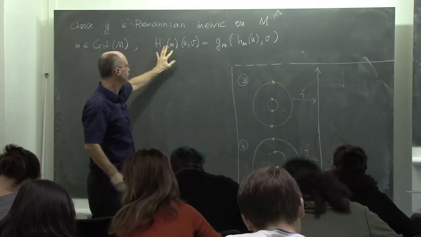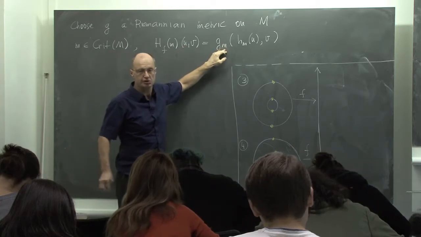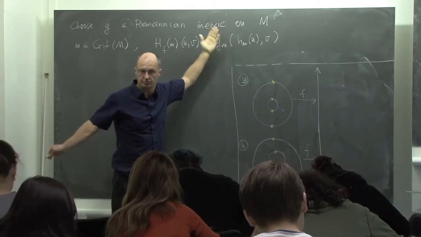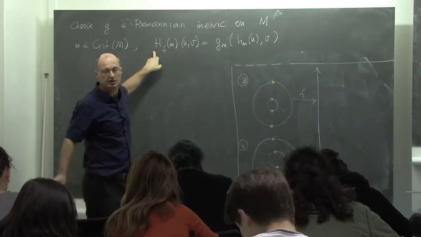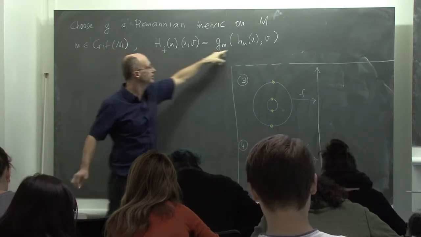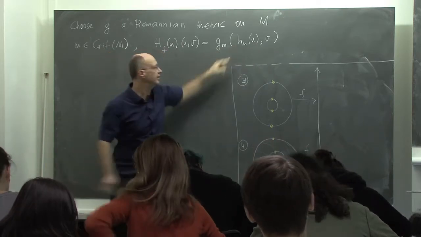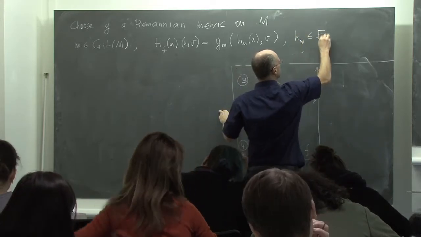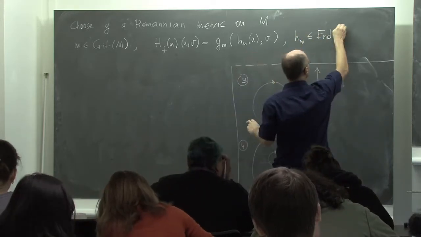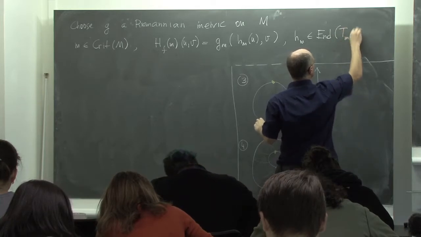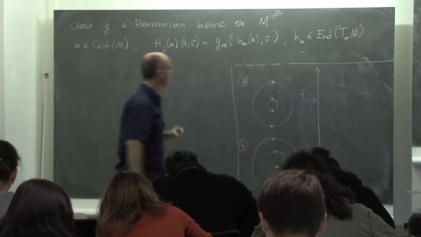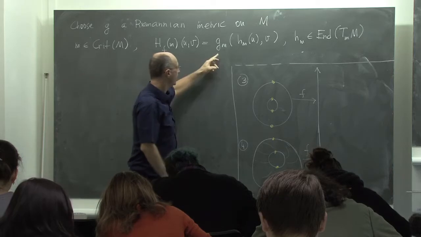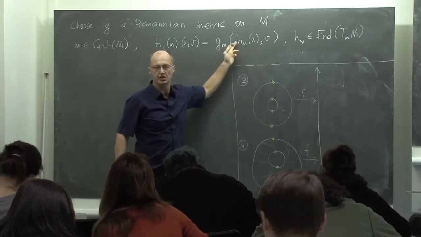Now we have two bilinear forms. g is a non-degenerate bilinear form, so any other bilinear form can be written in such a way where H_m is an endomorphism of T_mM. And it's going to be symmetric.